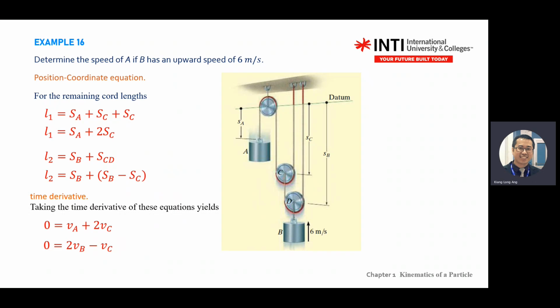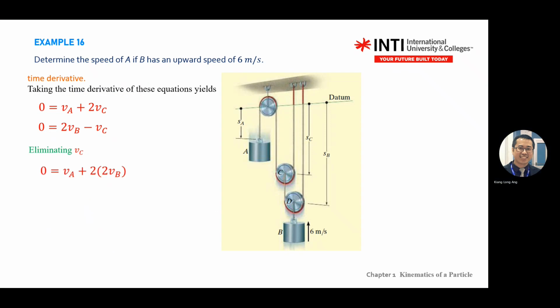But the question always asks you what happened between A and B. It doesn't tell you what is C. Sometimes the question will ask you the speed of C. But here you have three unknowns and two equations. They're not solved, right? There's one more.